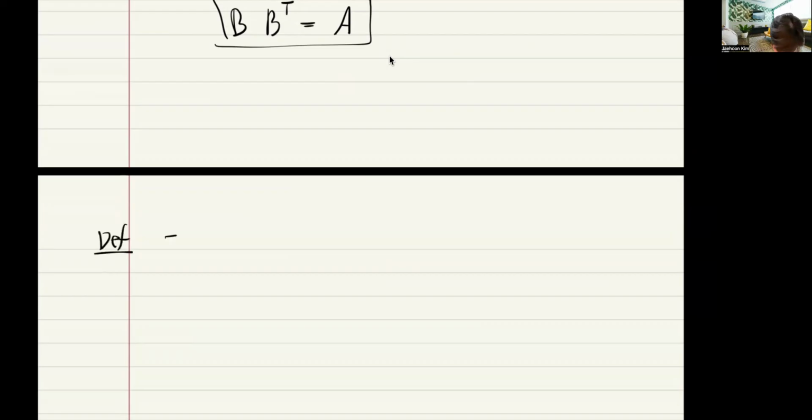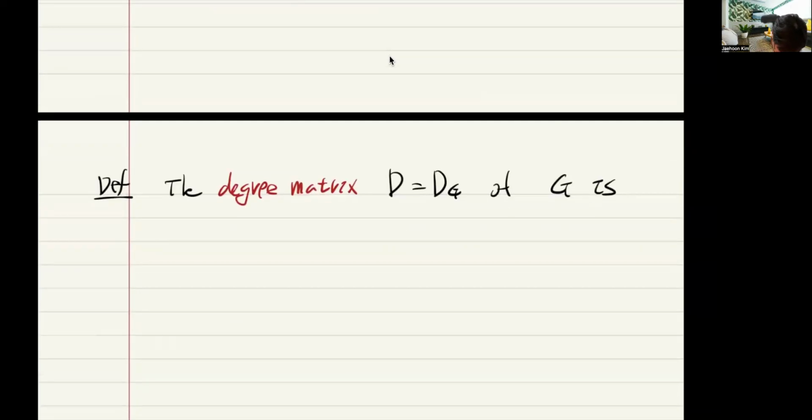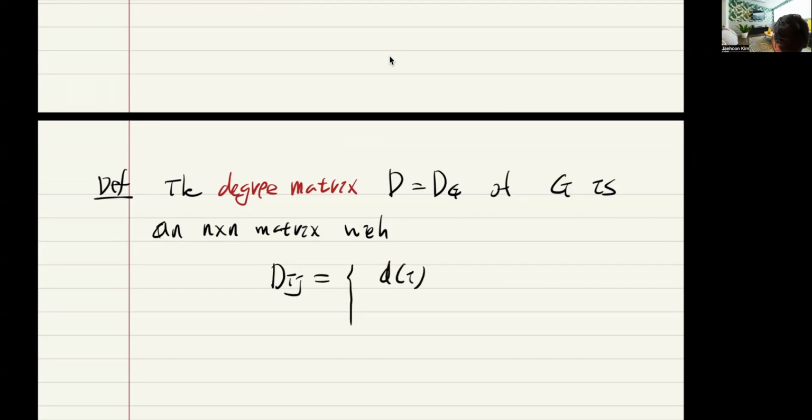And we also define the degree matrix. We write D of G, an n by n matrix, with the entry D_ij being the degree of i in G if i and j are the same, otherwise it's 0.